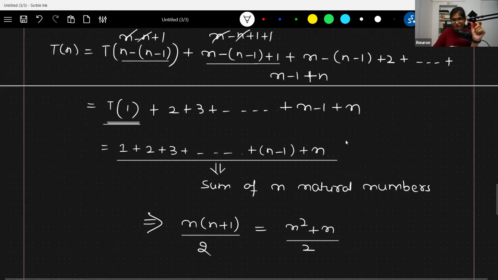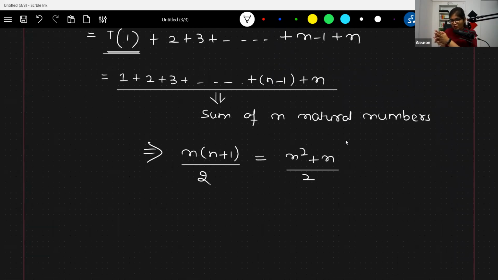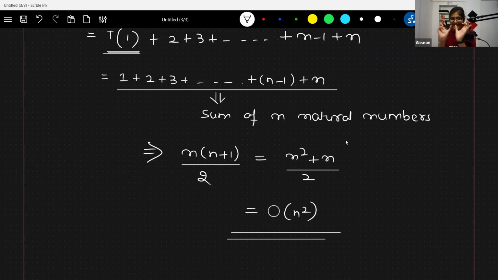So if someone asks you what is the big O time complexity of this, who will tell me? By seeing this equation, which has a higher term n square, can I write it like this? It is big O of n square. So this is how, using a substitution method, given any recurrence relation, you will reach the big O time complexity.